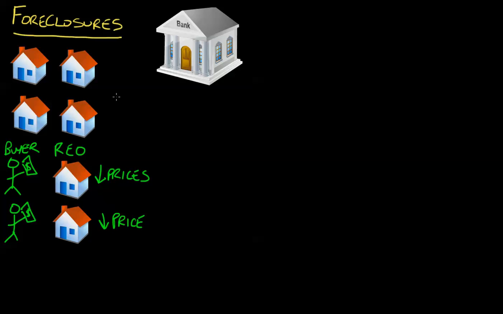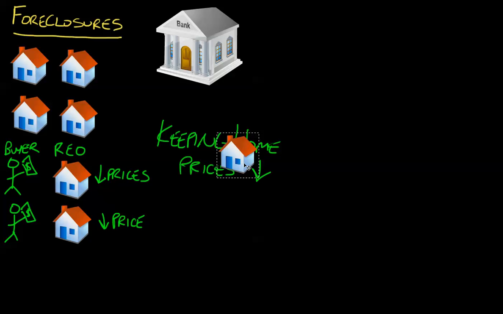So these distressed properties that the banks are releasing at these low prices are keeping home prices low and suppressed. And this ends up affecting a lot of people, actually.